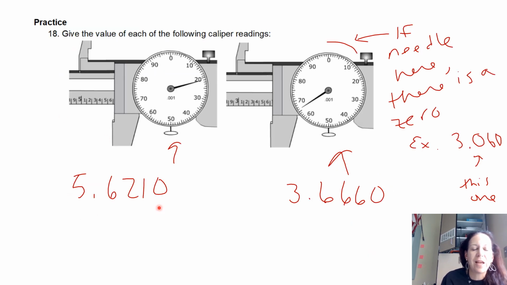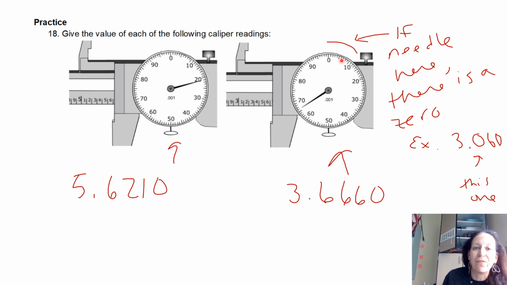Reading the calipers, I think this was pretty straightforward. So this is 5.621, and then I said it was right on there. 3.6660 or 3.6659. Feel better. Yeah, so you should be able to read that, make sure you know where those numbers are. Now, I did caution in class, if your needle is up in this spot up here, there's going to be an extra 0 in there that's really easy for you to miss.